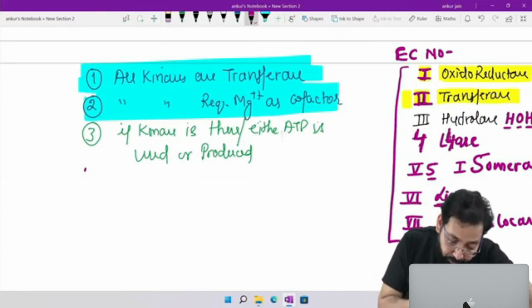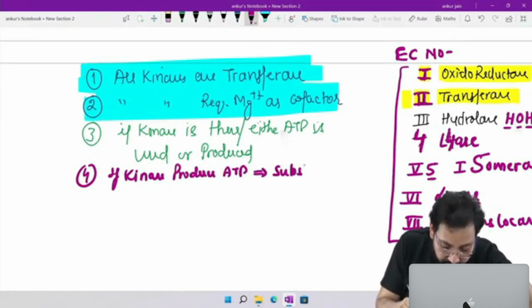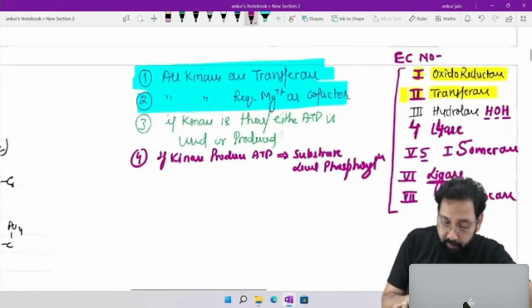And fourth point: if kinase produces ATP, that is known as substrate level phosphorylation.